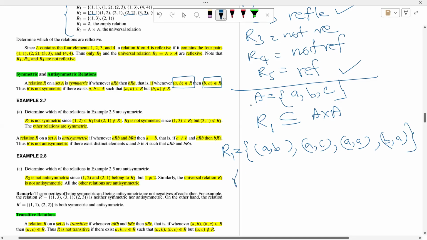Now tell me whether R1 is symmetric or not.